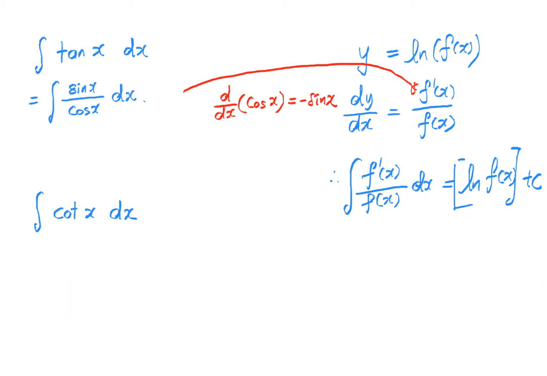Is there a negative up there? No. So I'm going to create one. Is the top and the bottom one the same? When I rewrite this, is this one and this one the same thing? It's the same thing. So therefore, the answer is negative ln |cos x| plus c.